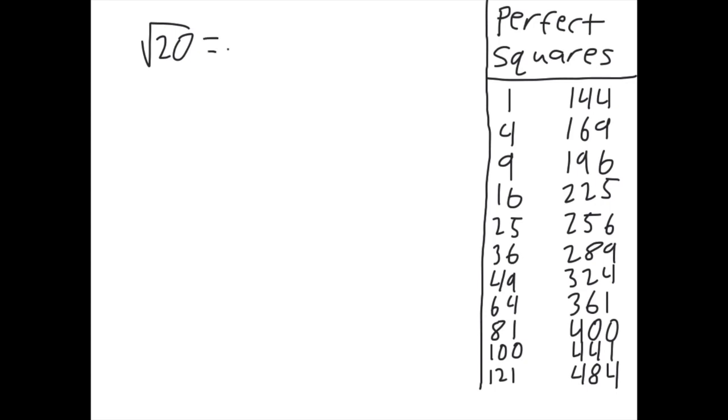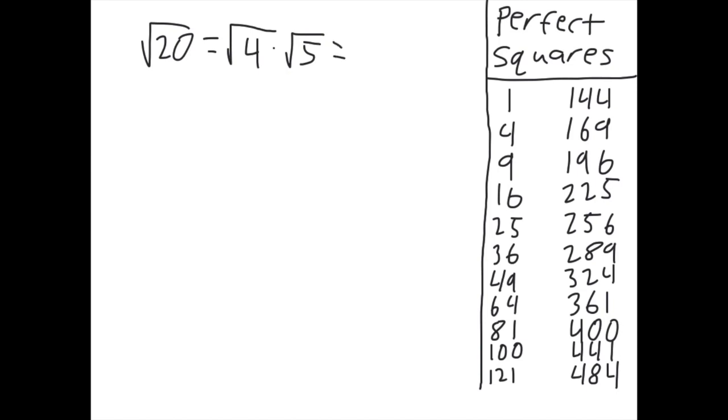So, all we have to do is take out 4, still under the square root, so square root of 4. And what is left over when we divide 20 by 4? Well, 20 divided by 4 is 5. So we've got square root of 4 times the square root of 5.